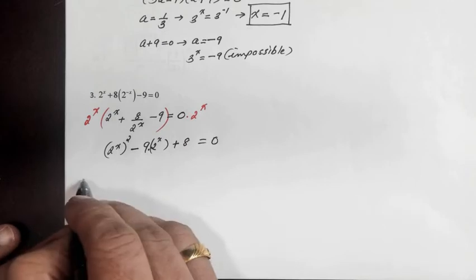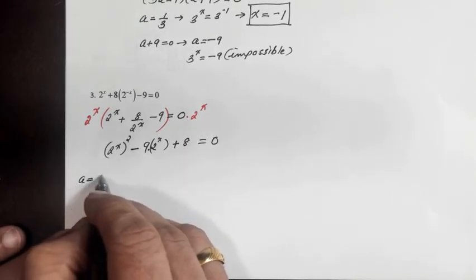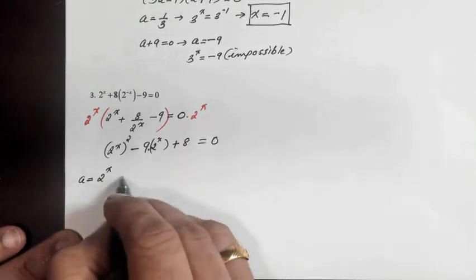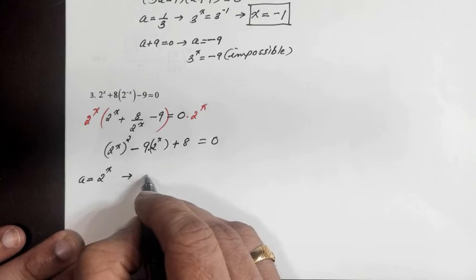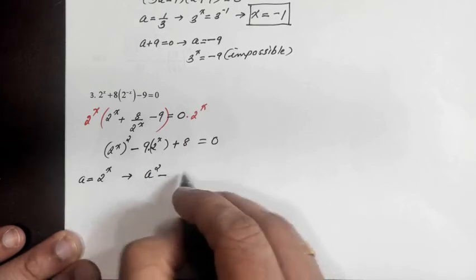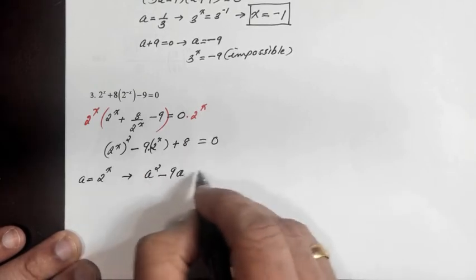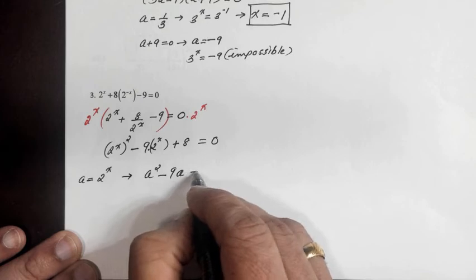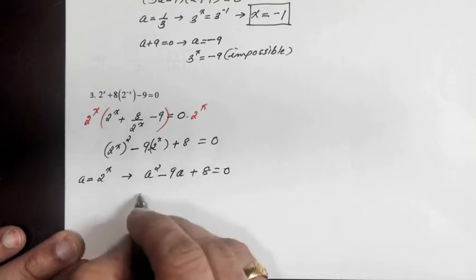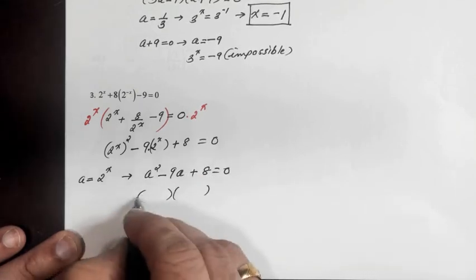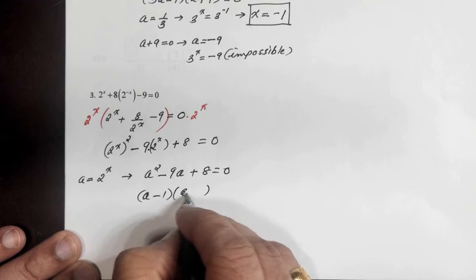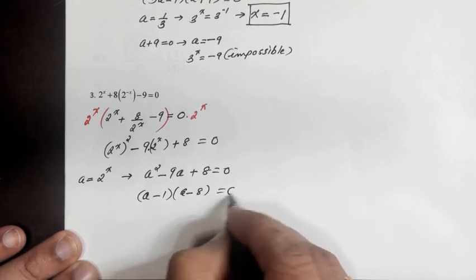When we replace 2 to the power of x by a, the equation becomes a squared minus 9a plus 8 equal to 0. Okay, so the factors are a minus 1, a minus 8.